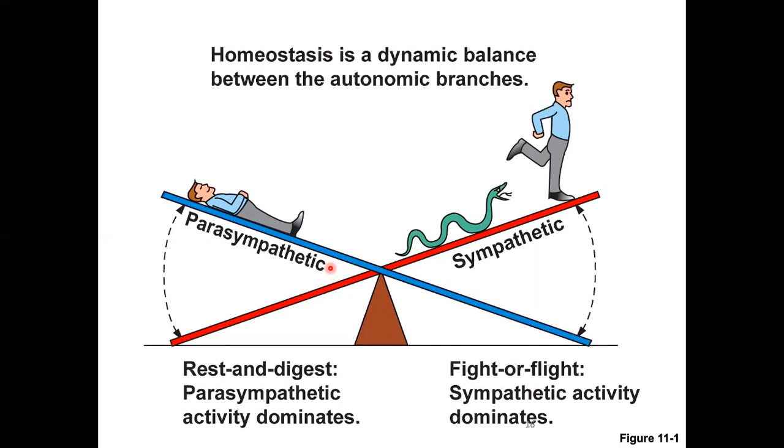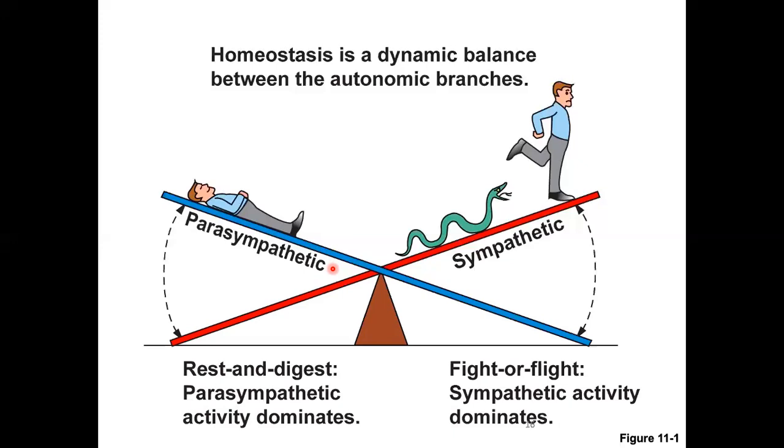The sympathetic nervous system is going to cause heart rate and force of contraction to go up. And if you're sleeping at night, the parasympathetic nervous system is going to cause your heart to decrease heart rate and decrease force of contraction, right? Because you don't need to be pumping that hard. You don't need blood pressure high when you're resting and digesting.